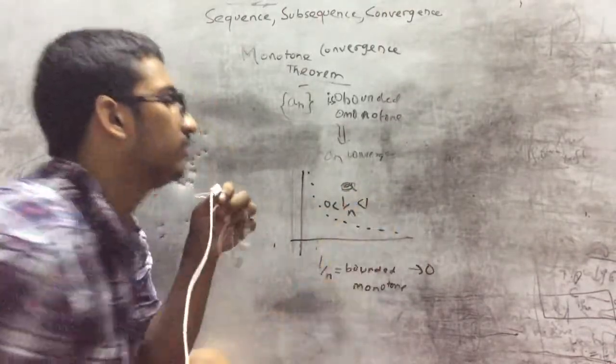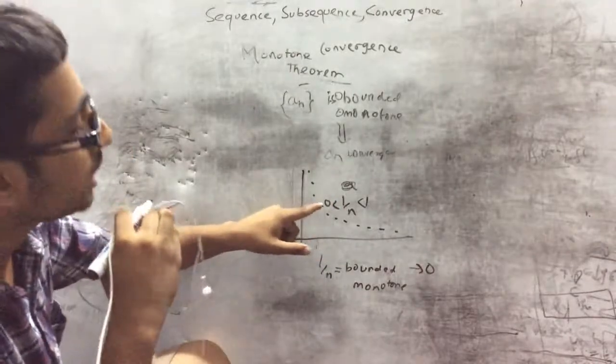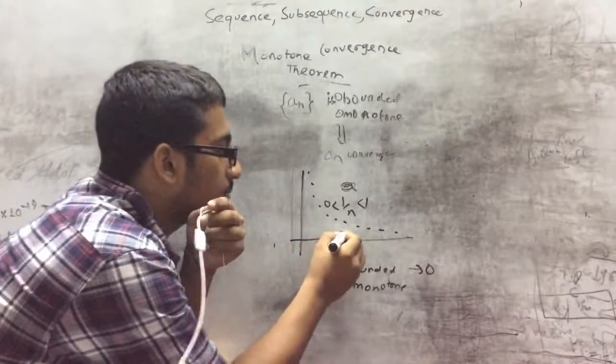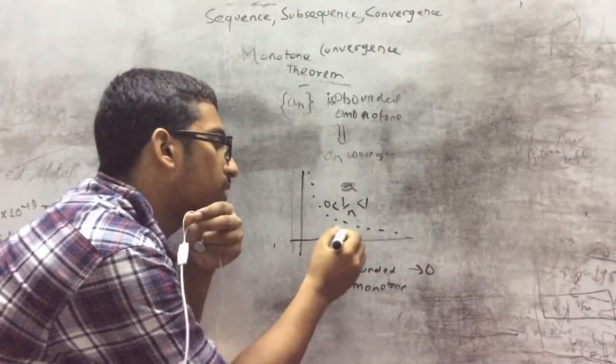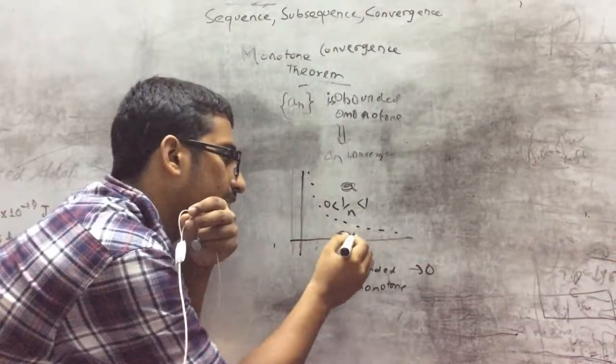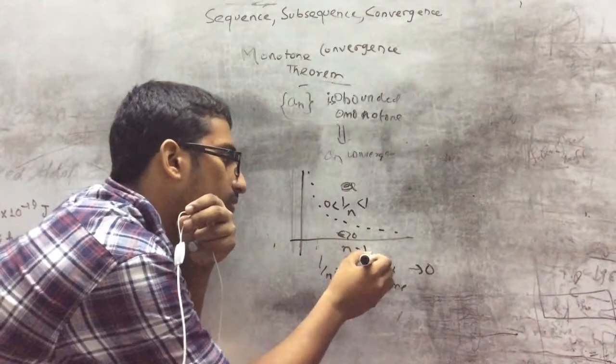And it is less than or equal to 1. So 0 is a lower bound, and consider any positive number greater than 0. Take a positive number epsilon greater than 0. Then there will be an n such that n is greater than 1 by epsilon.